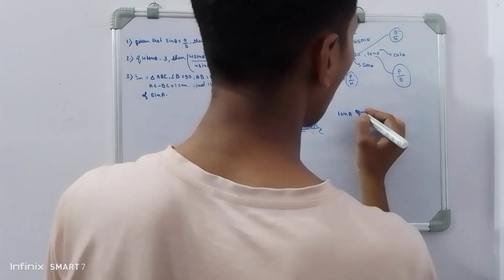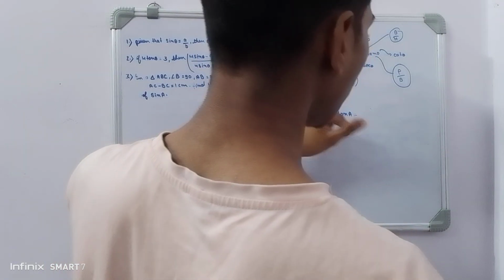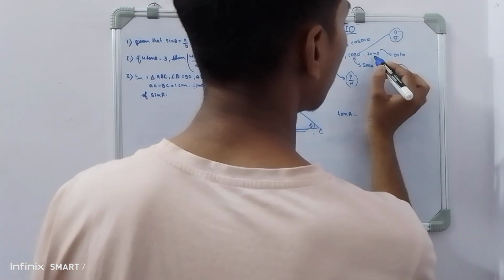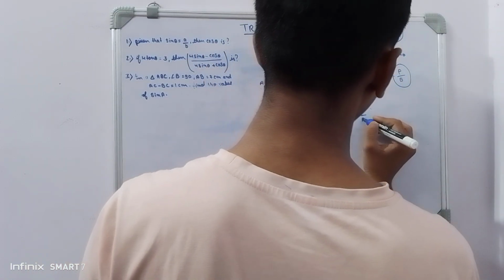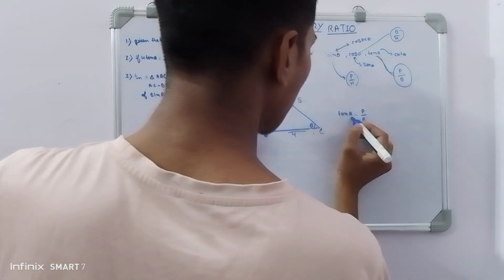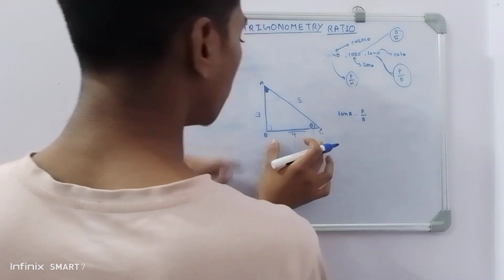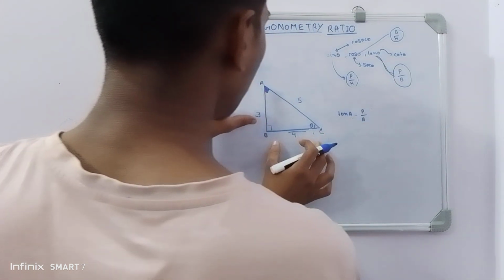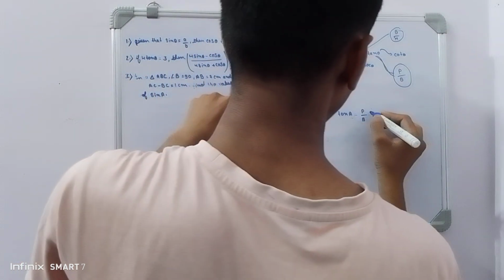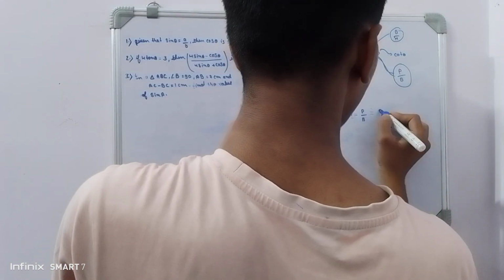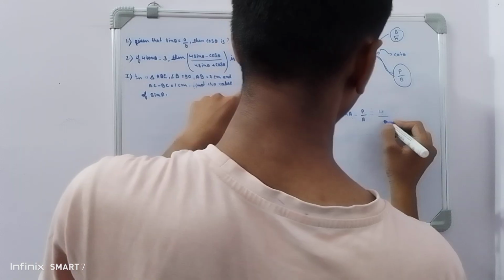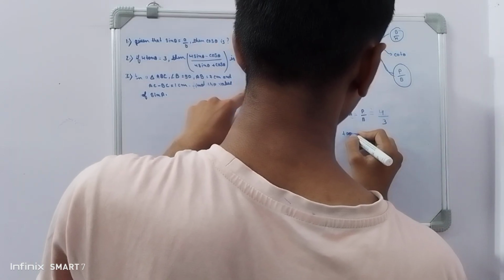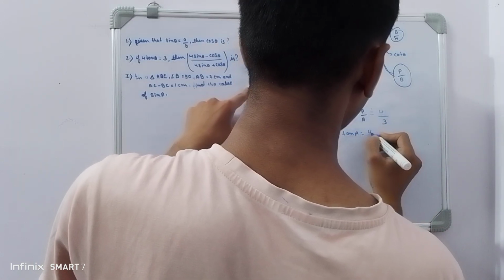And for this we first write tan A. Tan A means P by B. In this figure, for the angle A, BC is going to be the P, and AB is going to be the B. So P is equal to 4, and the base is equal to 3. So tan of A is going to be 4 by 3.